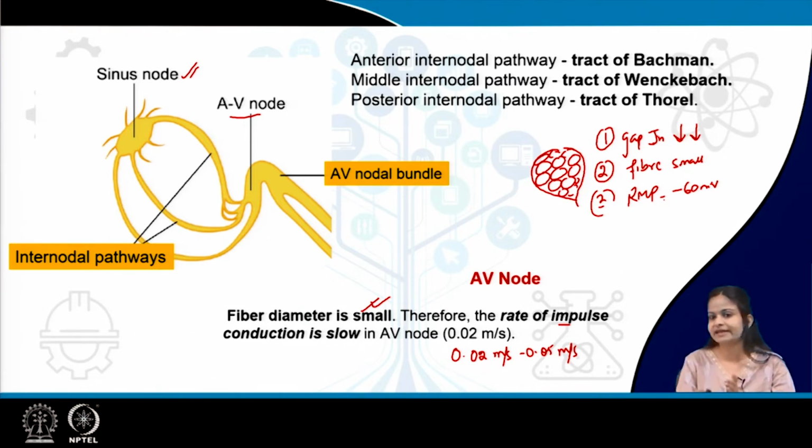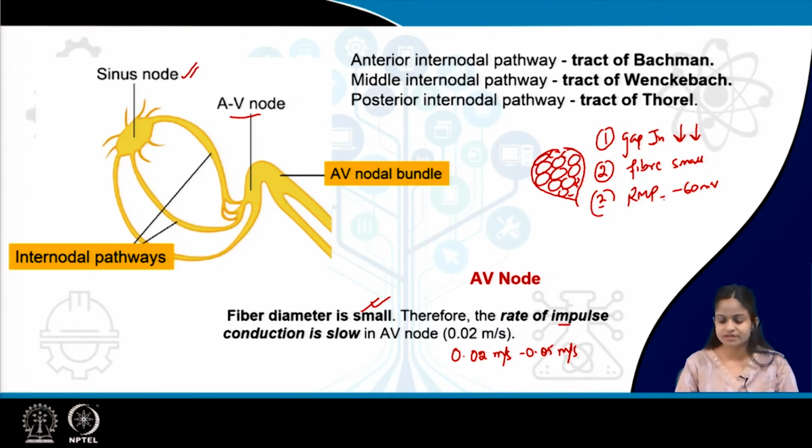So, the more negative the membrane potential, the more attraction or rushing of the positive ions towards it. Since minus 60 millivolt is also a negative potential, but minus 90 millivolt in the ventricular muscle is further more negative, the resting membrane potential of the AV node is comparatively less negative than that of the ventricular myocytes.